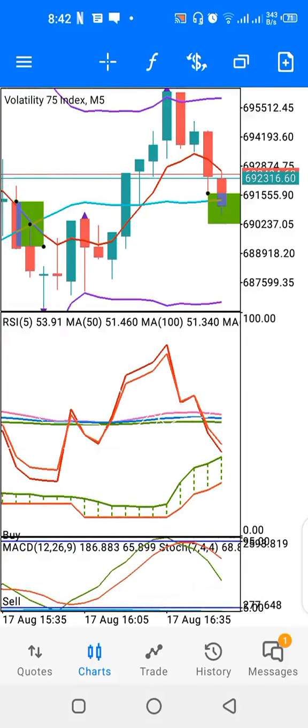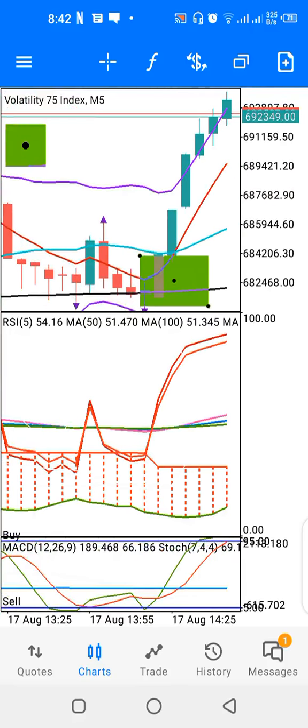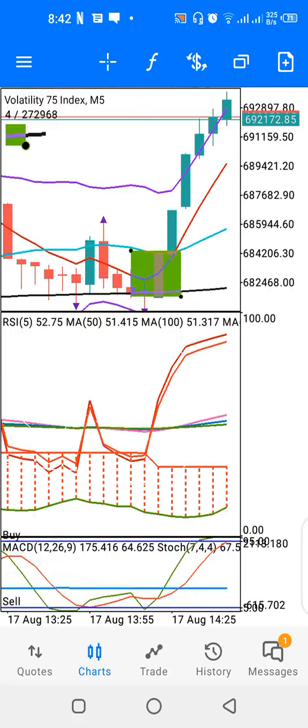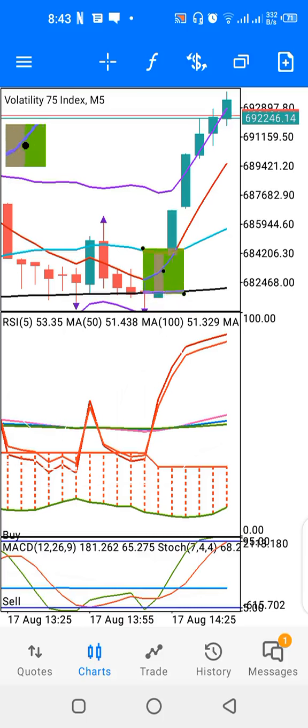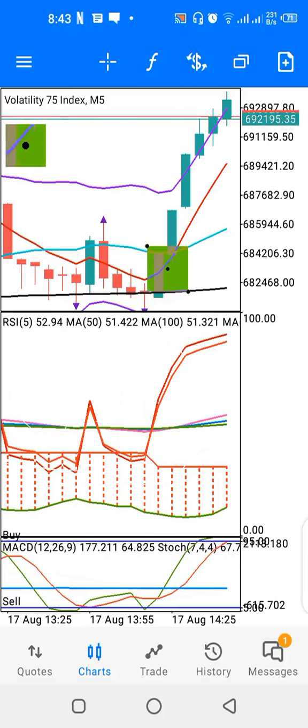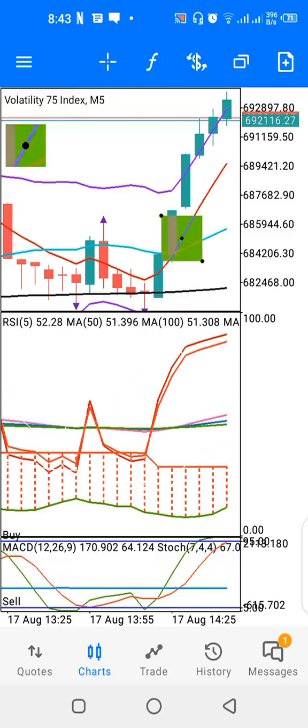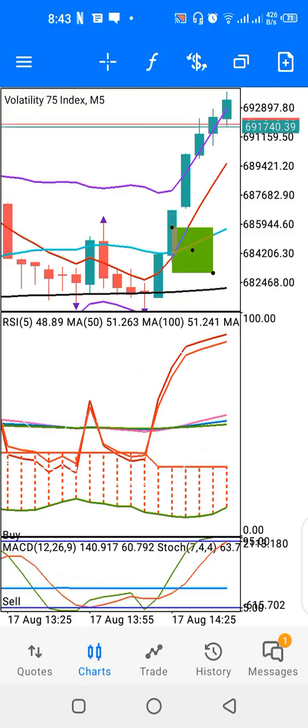And at the same time, when you have green candle bars lapping across the red line, like you have around here, that's a buy signal. Of course, when the red line laps across the cyan colored line, that's a buy signal.